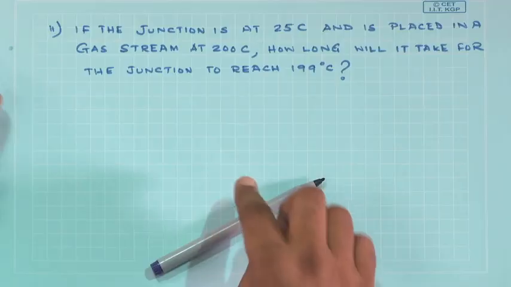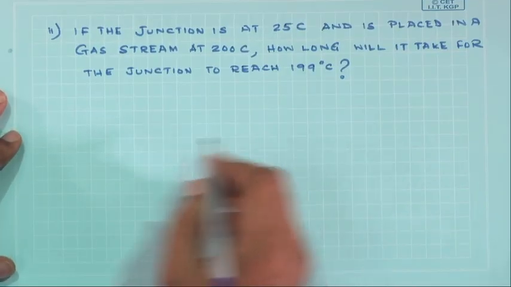And in the previous part, we have already established that the lumped capacitance approximation is valid, and therefore, we now can proceed to find out what is the time required. So, let us see how this can be done.